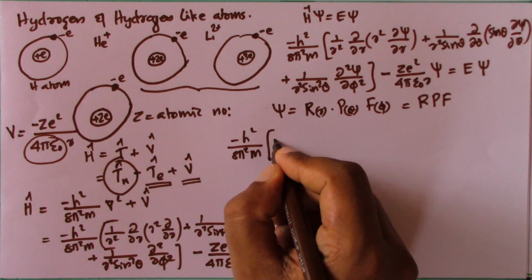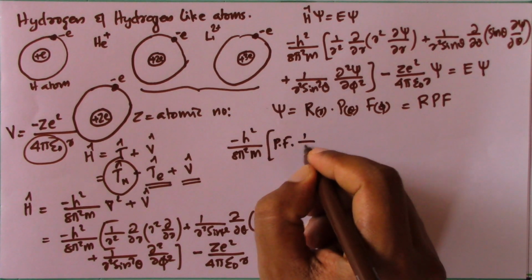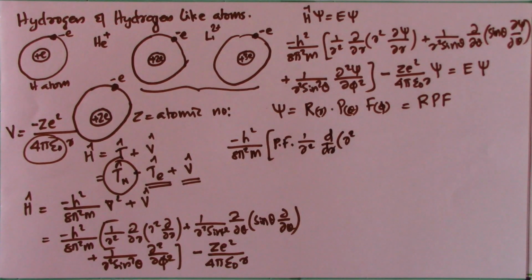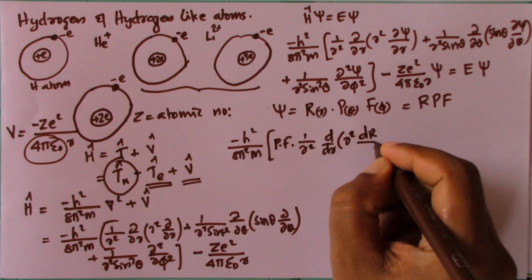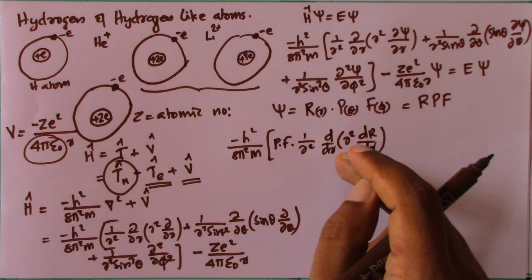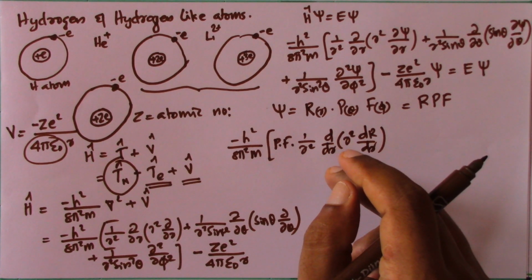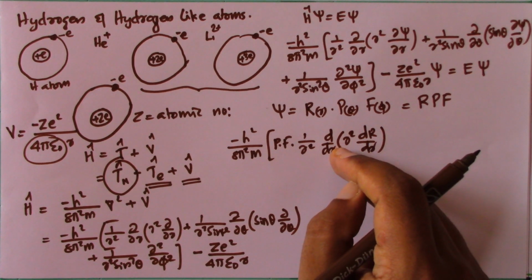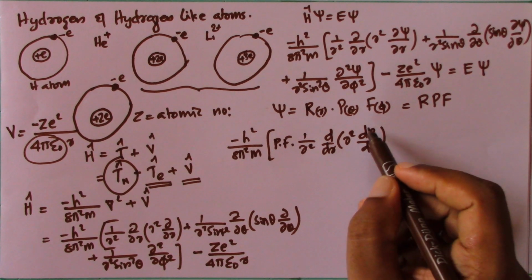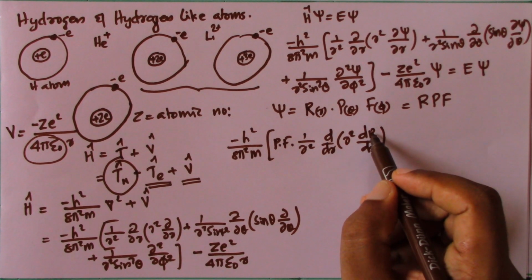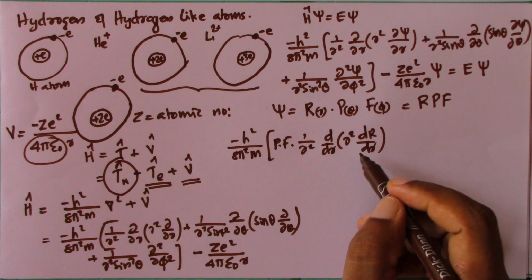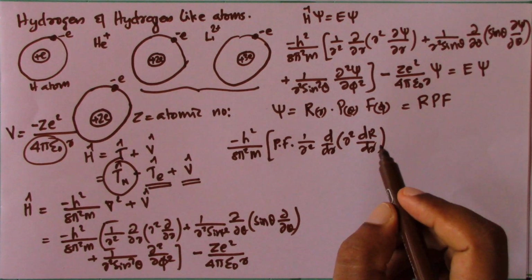So we get P into F into 1 by r square d by dr of r square dR by dr. Here I have put the symbol for total differentiation, because the symbol for partial differentiation is no more required, because we are differentiating a function defined by only one variable. R is a function of small r only. Therefore, we don't need to use the symbol for partial differentiation here. We can take the symbol of total differentiation itself.